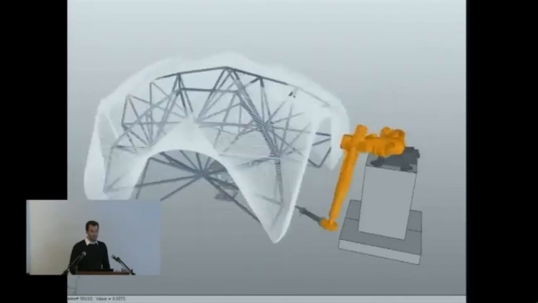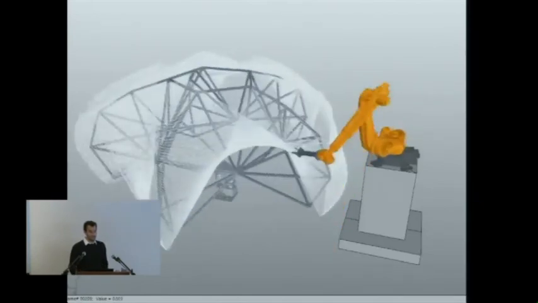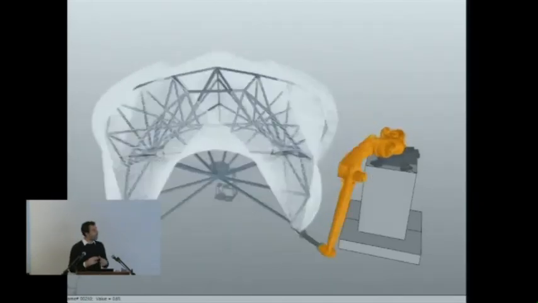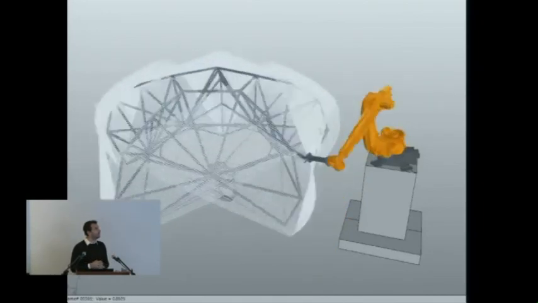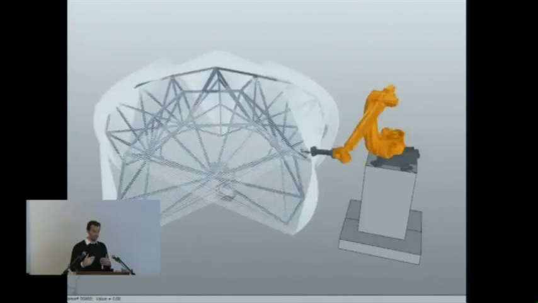So the robot control code here was derived by doing a lot of these kind of simulations, which allow one to see in how far the laydown of the fibers corresponds to the control of this sort of seven-axis setup again.